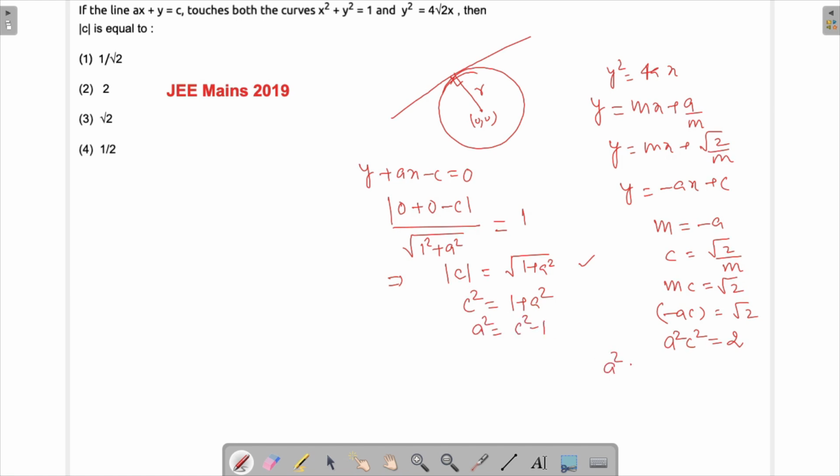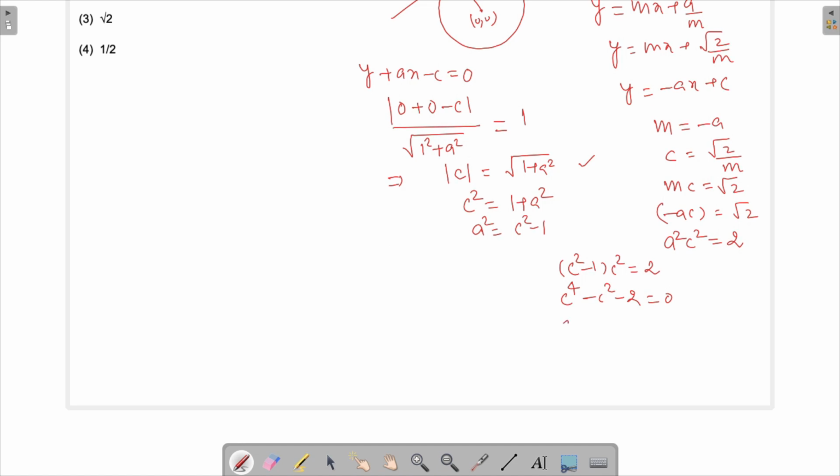So I can have a square times c square as c square minus 1 into c square equals to 2. Or I could have c raised to the power 4 minus c square minus 2 equals to 0. Or I could write c raised to the power 4 plus c square minus 2c square minus 2 equals to 0.